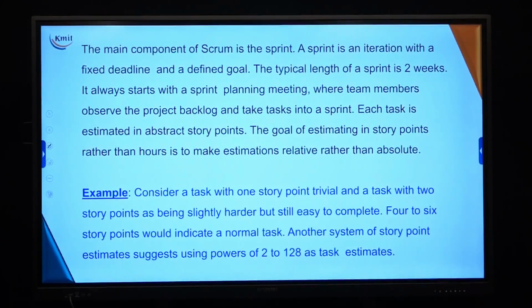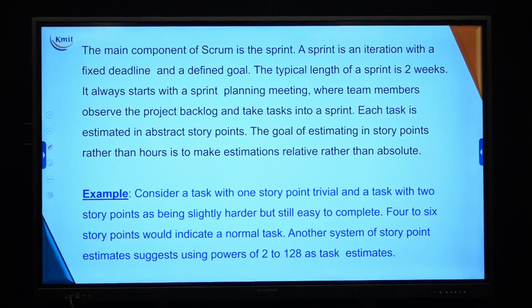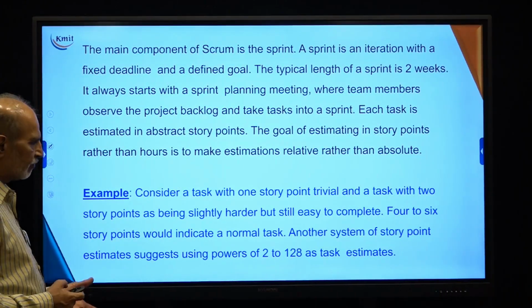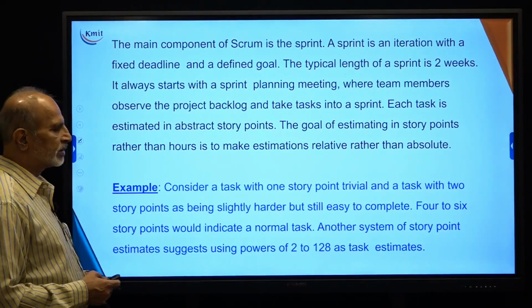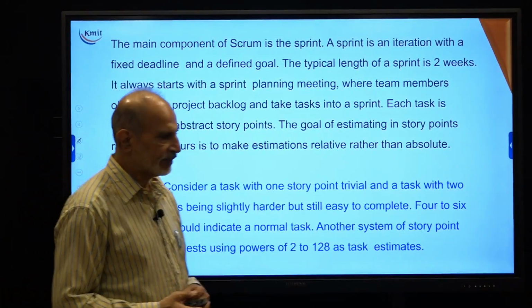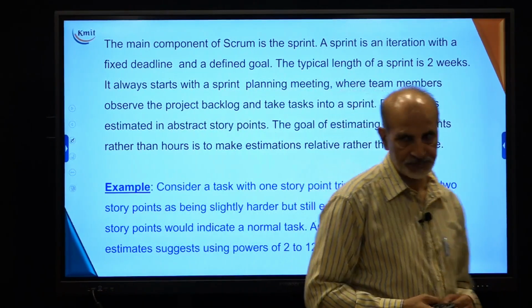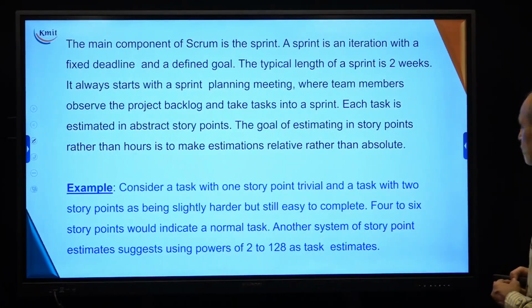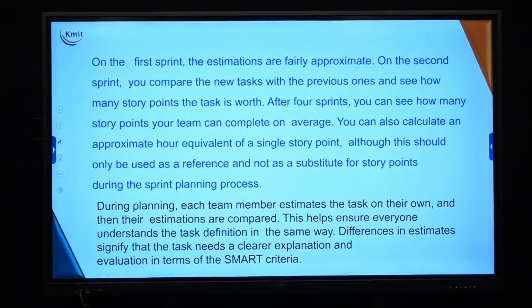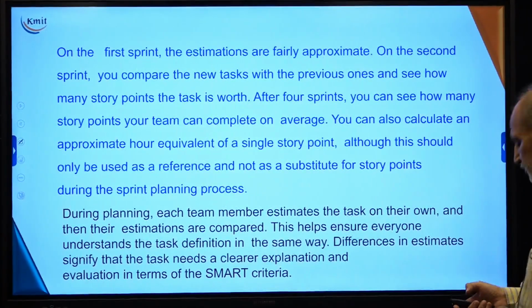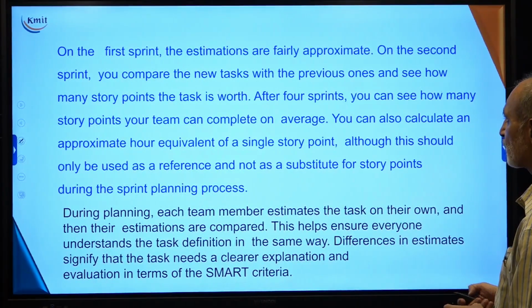We try to reduce the task estimation by using the principle called sprint, which says that you have to work faster. So the job which was supposed to be done in 2 weeks, can it be done in 1.5 weeks? If it is done in 1.5 weeks, I have achieved a milestone. Okay, so this is the sprint problem.